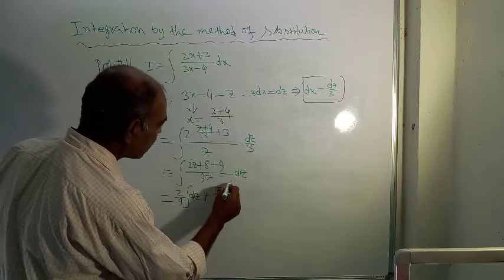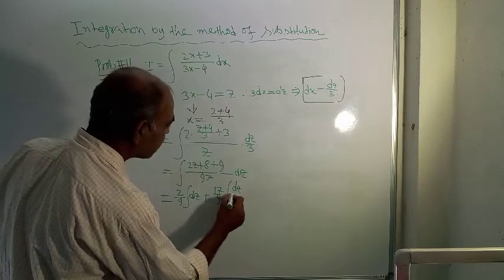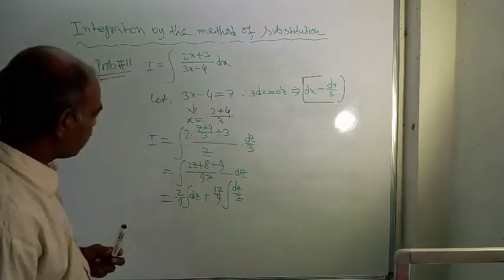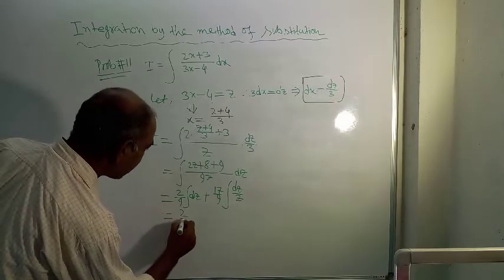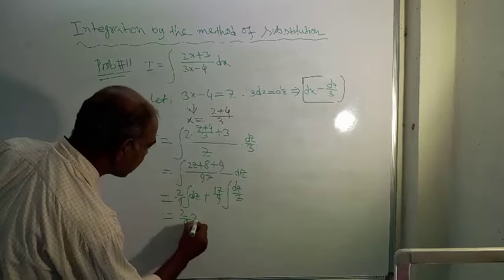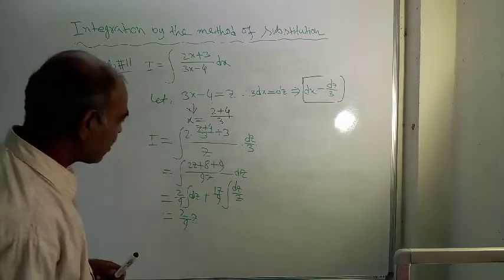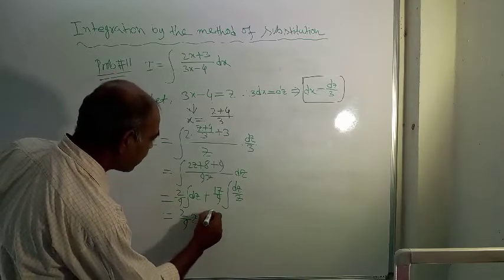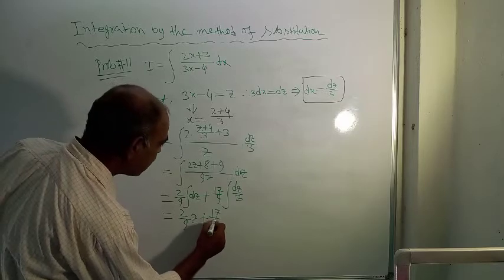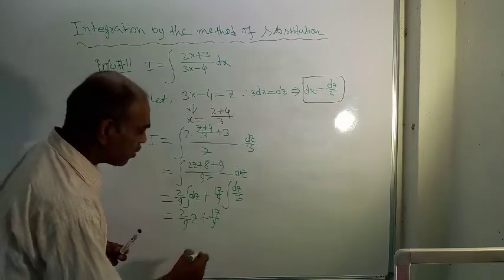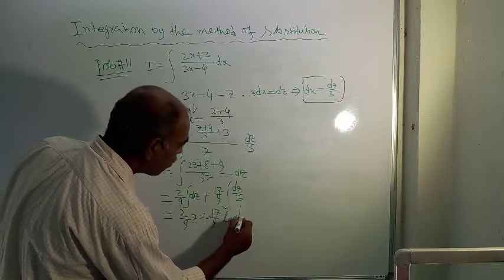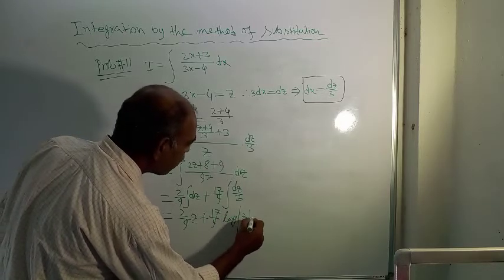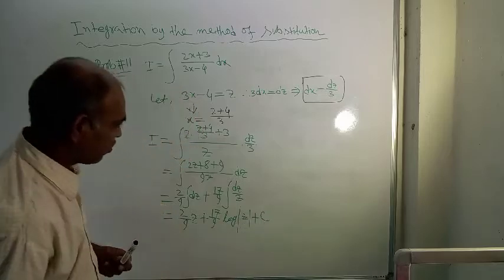Okay. So here integration of dz by z. Right. Now integration of this one is what? It is 2 by 9 z. Integration of dz is z. And here you will get 17 by 9 dz by z. Integration of dz by z is log of mod z plus a constant of integration c.